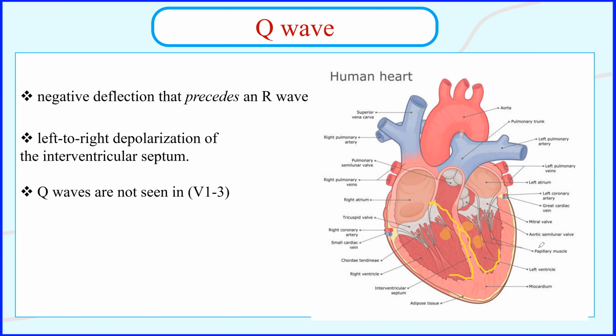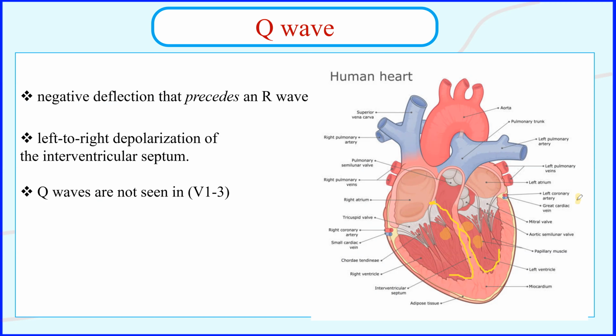Again, for the electrode to detect any electrical current, this electrical current should move either toward this lead or away from this lead. So these three leads are looking directly perpendicular to the septum, and they will not see this movement.